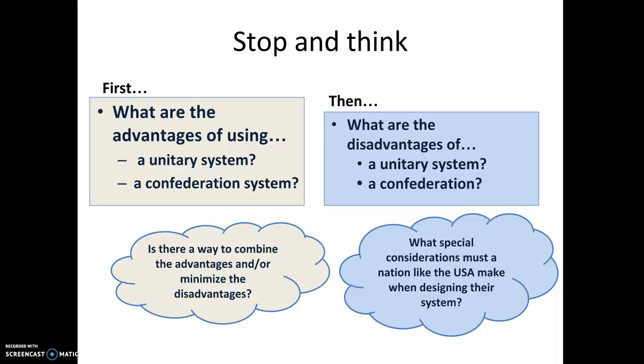They took into consideration the good and bad things about these two alternatives and figured out ways to merge them together into the federalism system that we use today. So stop the video, do some thinking about that, jot down your ideas, and when you've taken a chance to do that, move on.